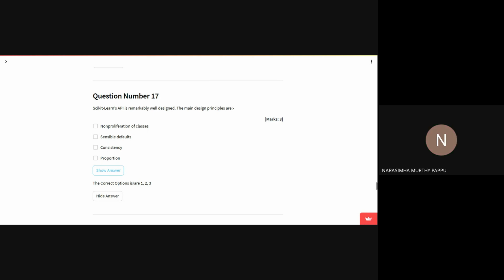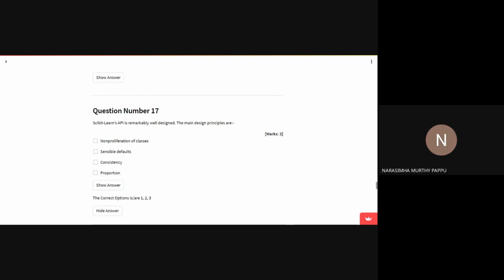Because of the way scikit-learn is designed, you cannot inherit from those classes, so you cannot proliferate classes in this framework. Hey, thanks, Ashim. That was useful. Thank you for this explanation.